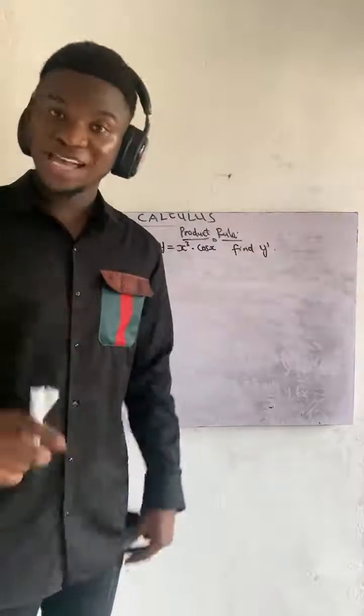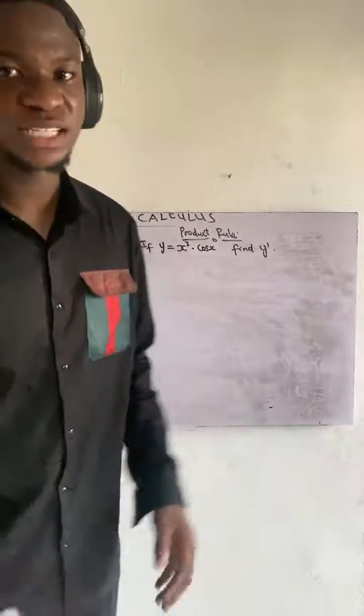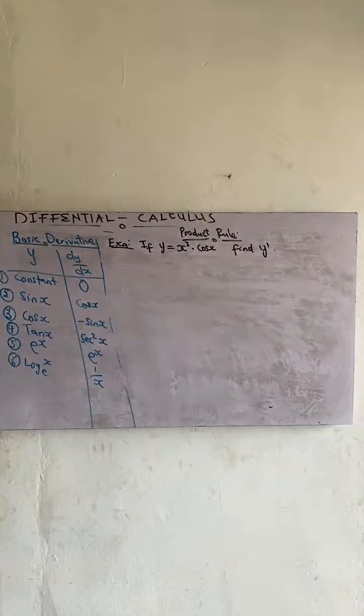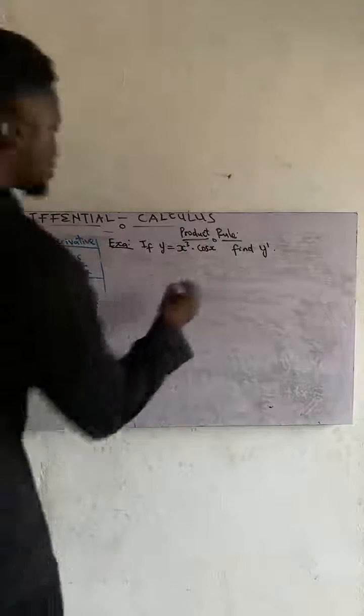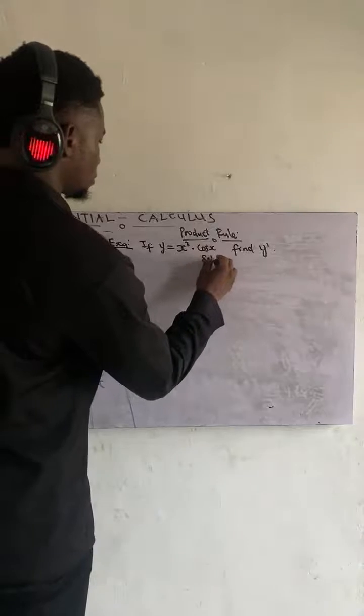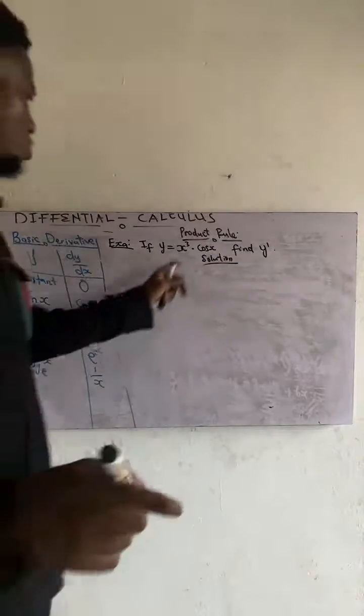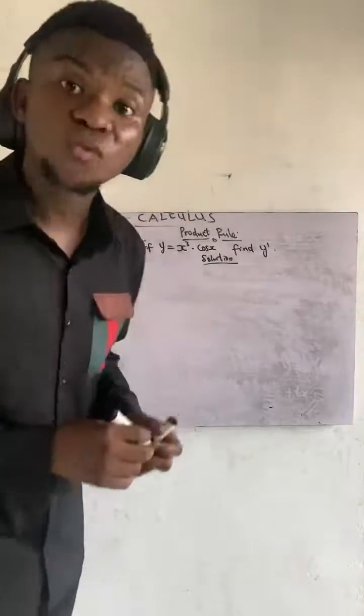whenever you are asked to look for something prime, what they're asking you to look for is what? The derivative. So you have to simply use your dy dx. You just write solution. Check this question very well. We have two functions.